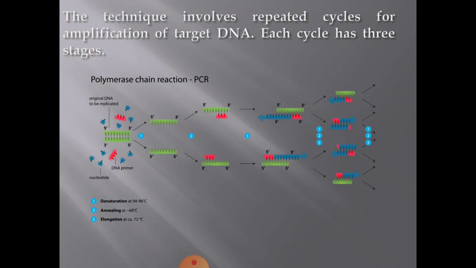So, the synthesis will take place, and if you want to stop, you have to just do one thing. You can stop the reaction by raising the temperature to about 95 degrees Celsius. That's all. So each cycle of PCR takes just 3 to 5 minutes. Just 3 to 5 minutes.